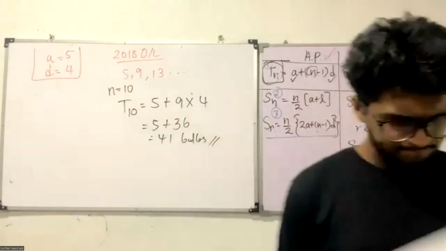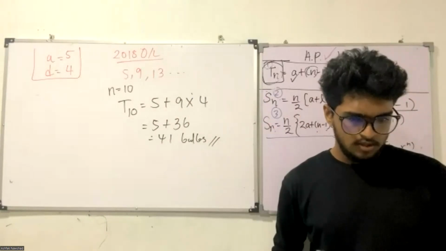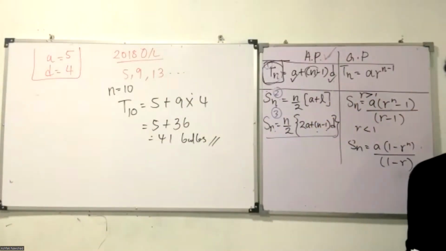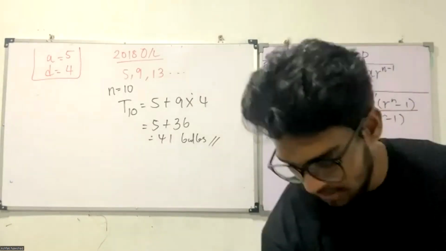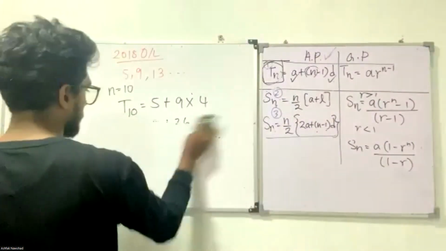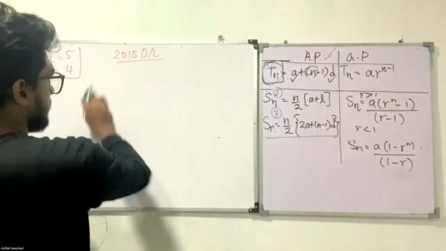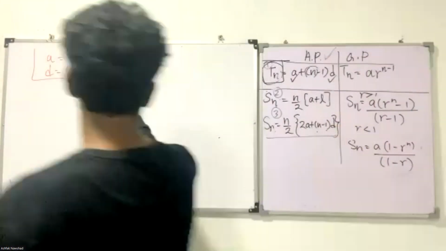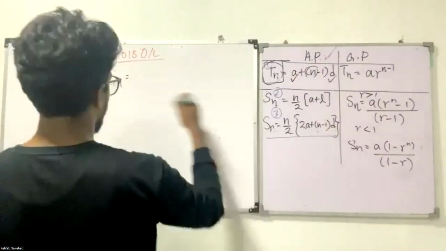Now, in the next question, they are asking if the total number of bulbs is Sn, and we have to show that Sn is equal to this. What's the formula for Sn? Sn is n over 2.